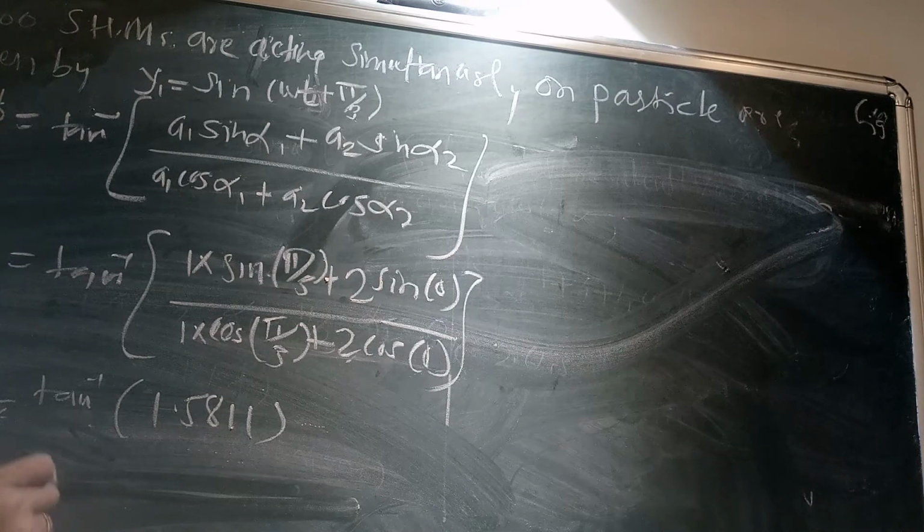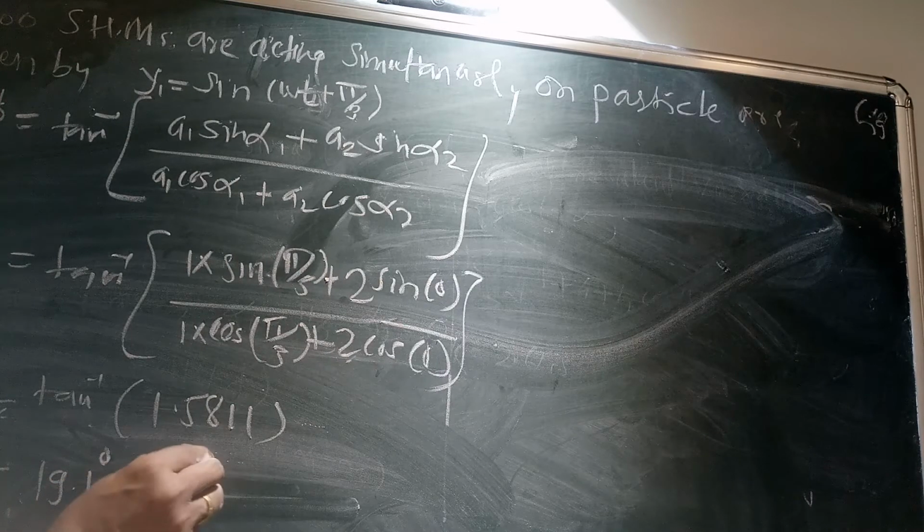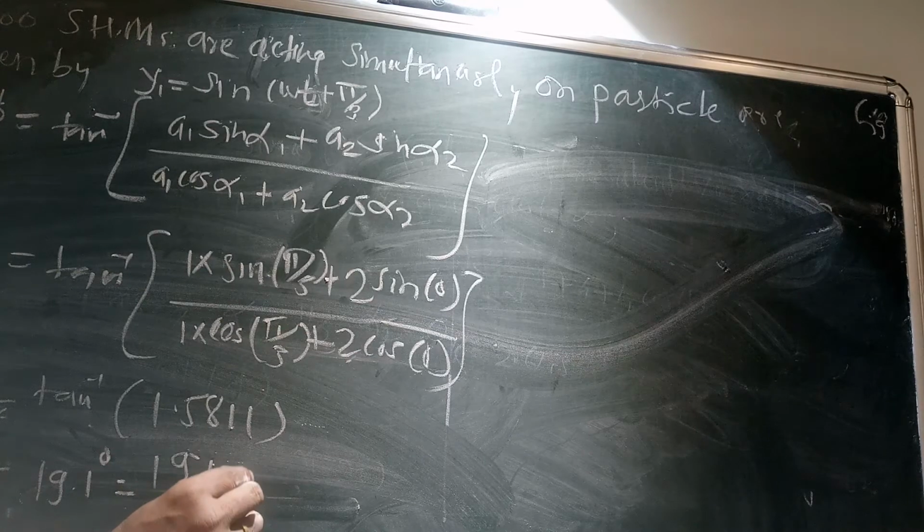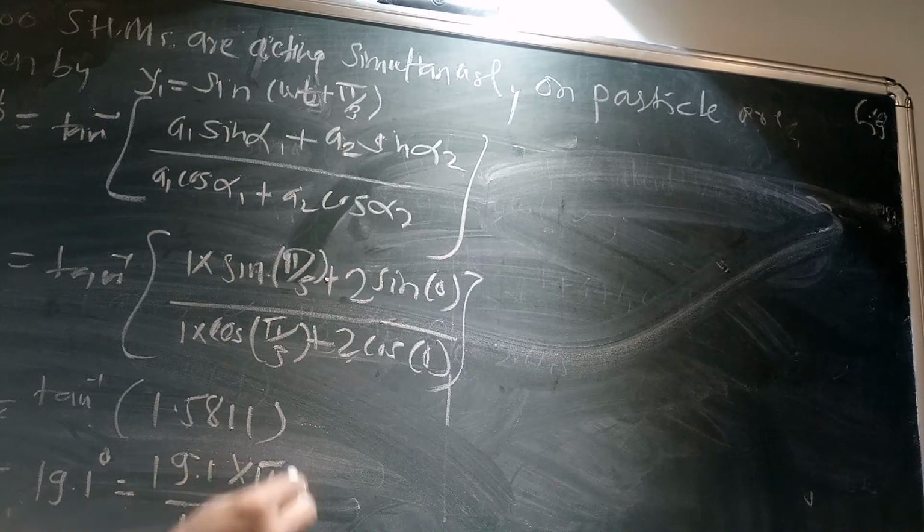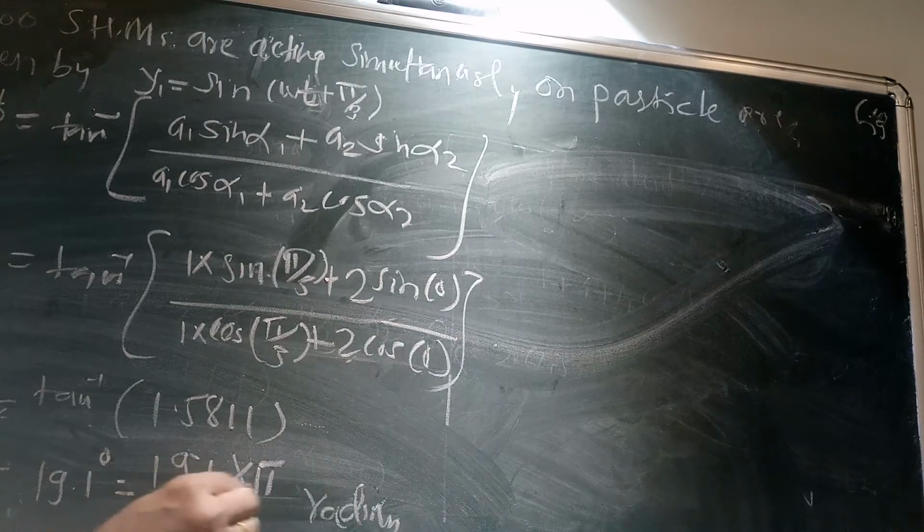So phi is equal to about 19.1 degrees, and 19.1 divided by 180 into pi is in radians. So phi is 0.1061 pi.